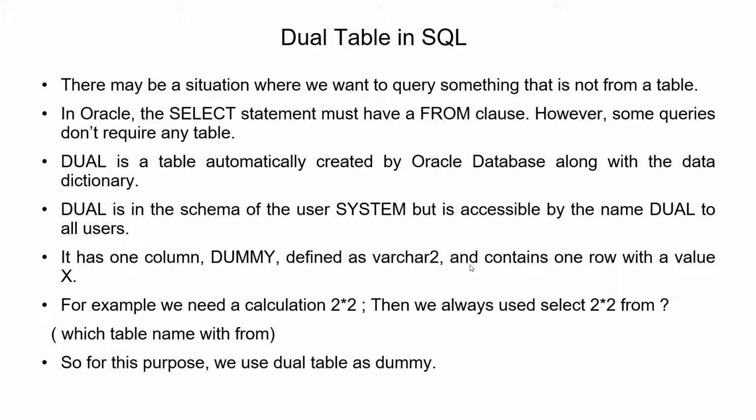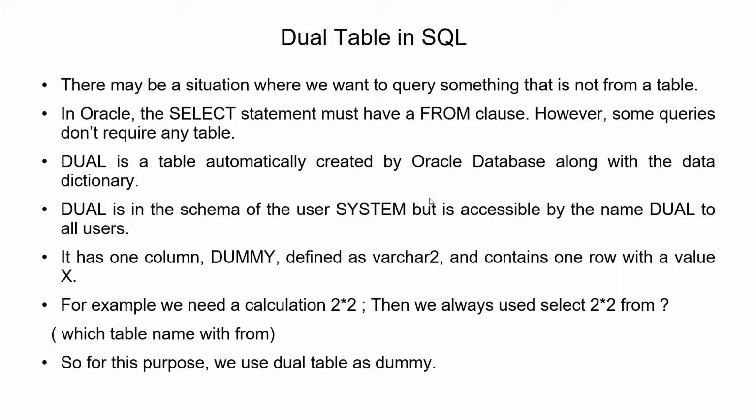Means there is no table, but we want to evaluate, we want to perform something. Suppose in Oracle, the select statement must have a from clause because it is a necessity. However, some queries don't require any table. So in this case, the table which can be used is the dual table.